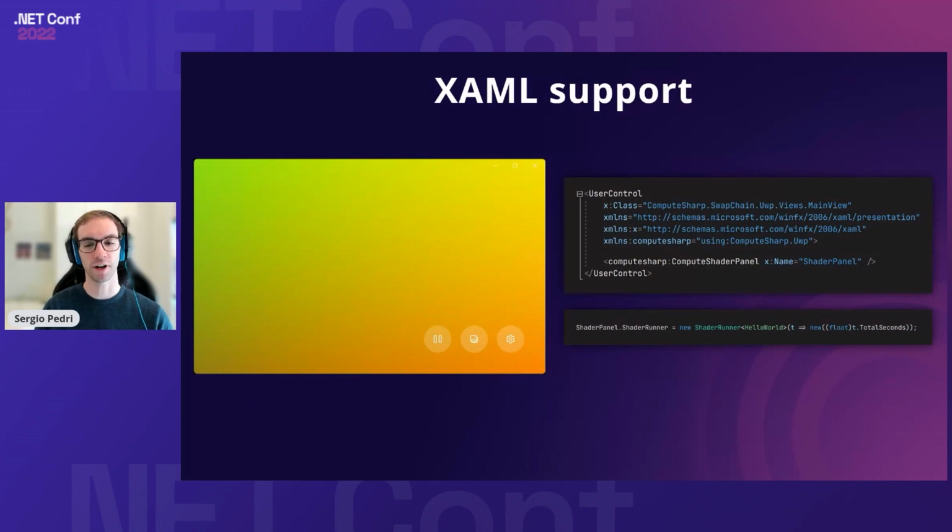But from here, you can build your fully custom render graph to display anything you want on this panel. So it's fully customizable. And you can also see how it really just takes one single line of XAML and one line of code behind. And just like that, plus a small shader, you now have a live animated wallpaper running using DirectX 12 compute shaders with no extra work needed.